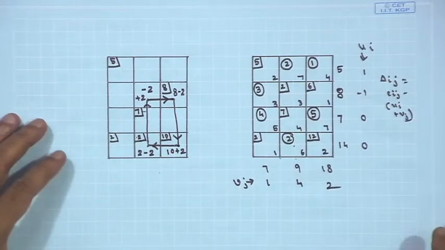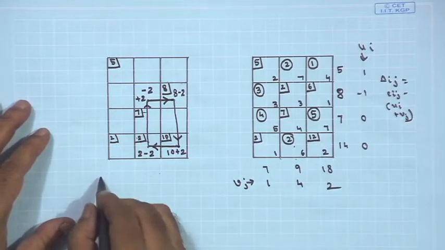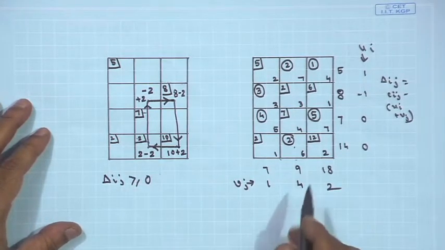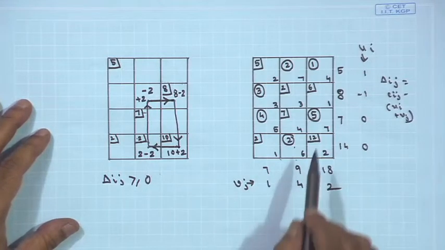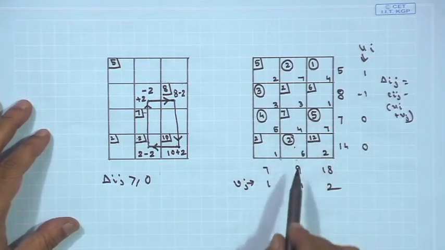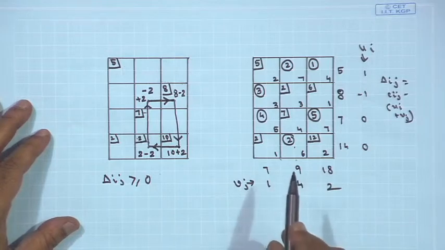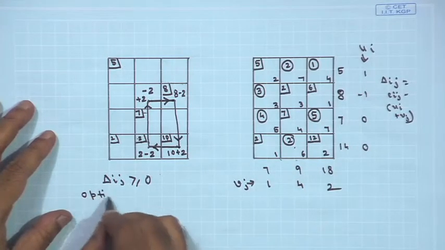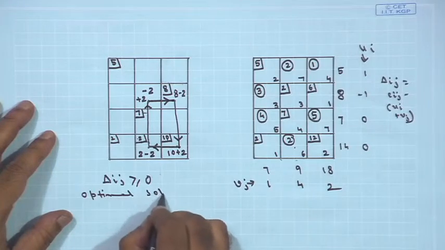Now, you see the value of delta i j is greater than 0, therefore greater than or equal to 0. Therefore, the allocation which we have made now is optimum, and the optimal solution I can write down like this.